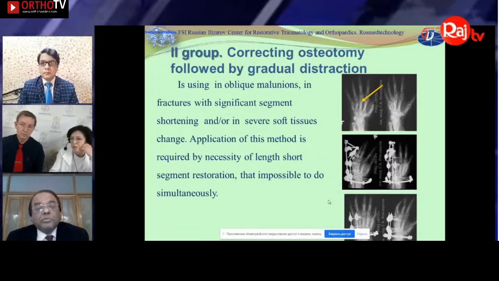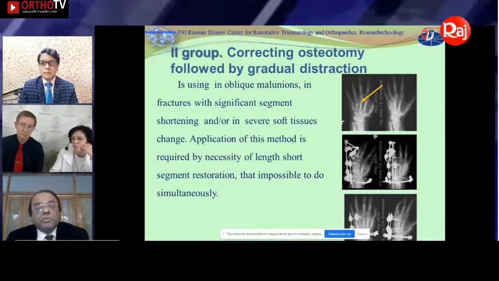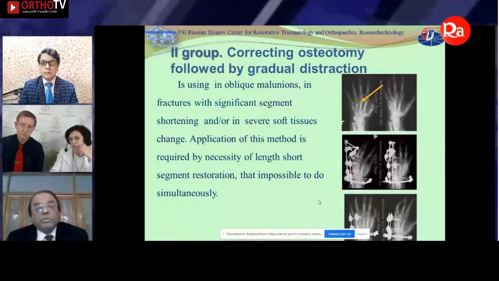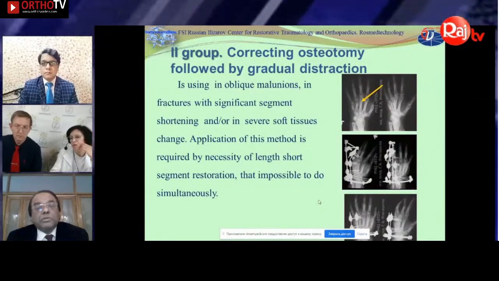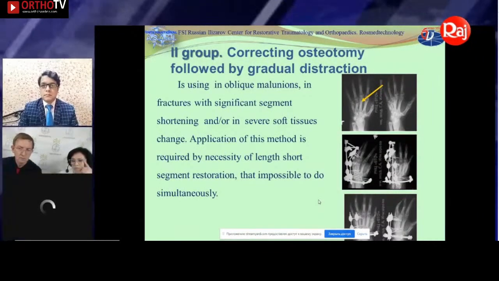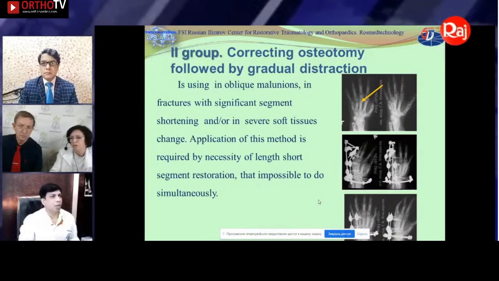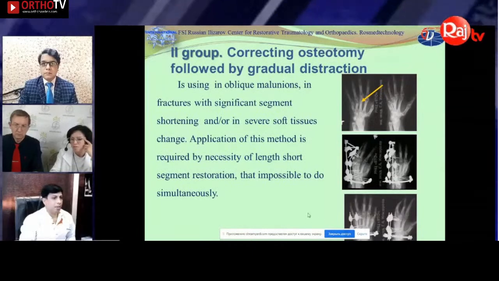In first step, we made osteotomy and osteosynthesis by Ilizarov frame, and we made distraction of the fragments of the bone fourth and the fifth, and result.